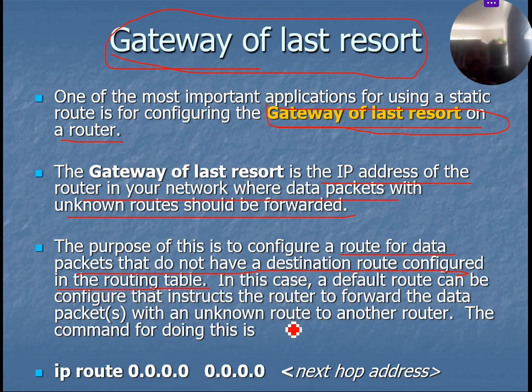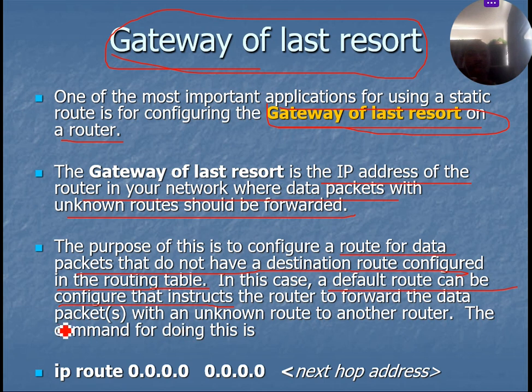So in this case, a default route can be configured. You configure a default route so that if we have any data packet that does not have an entry in the routing table, those packets will be forwarded to the gateway of last resort. So this particular router will forward the data packets with an unknown route to another router.